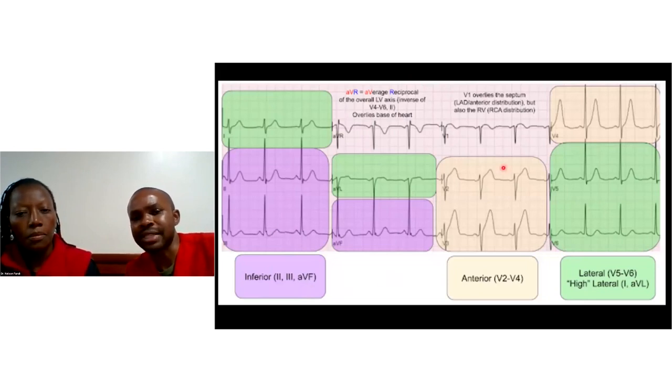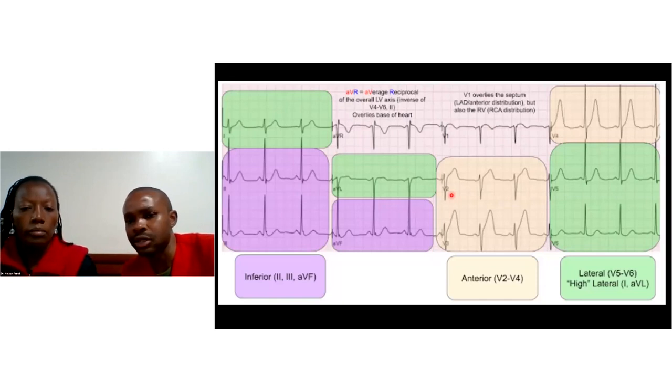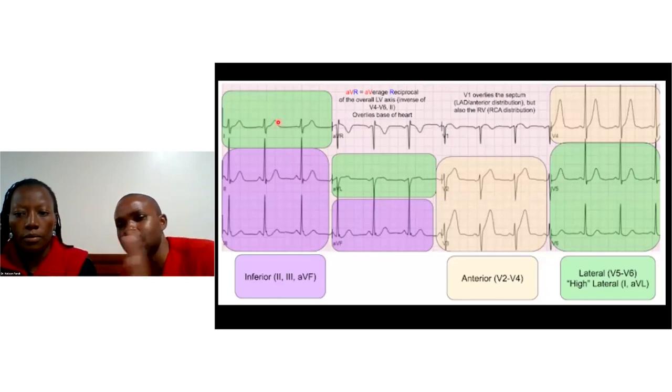If it's something happening in V1, V2, V3, V4, then you already know this is something happening on the anteroseptal part of the heart. And that makes you think about a possible diagnosis. The leads which look at the lateral side of the left ventricle are lead 1, AVL, lead V5, and lead V6.